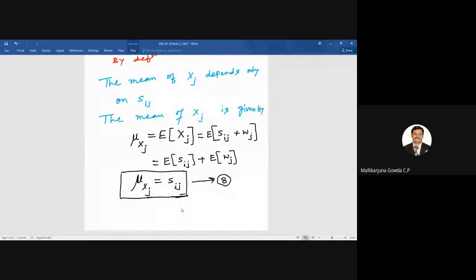What you said is it is a square root of mean. Then what can I write? The variance of the random variable xj. Is it possible to say what I get? Root of Sij.